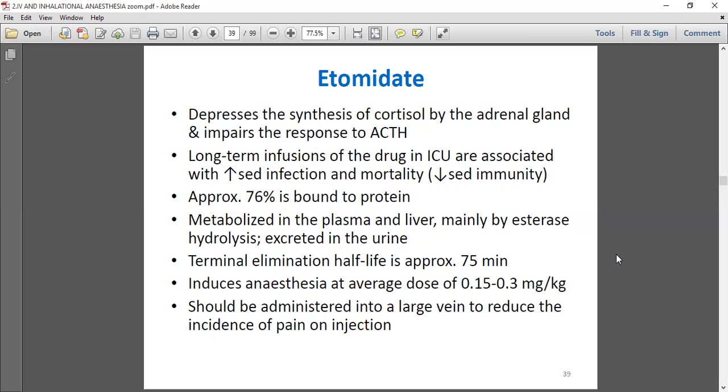Then approximately 76% is bound to protein. Which other drug is protein bound, people? Sodium thiopental. She said ketamine, that's why I'm saying sodium thiopental. It is bound to which protein?